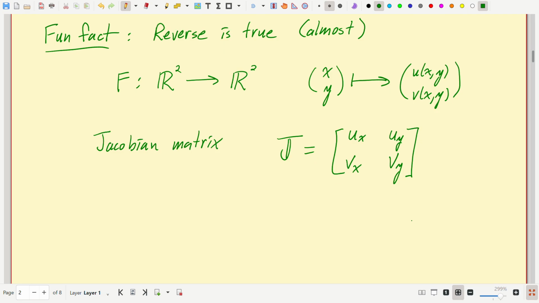And matrix multiplication by J determines how vectors get treated.